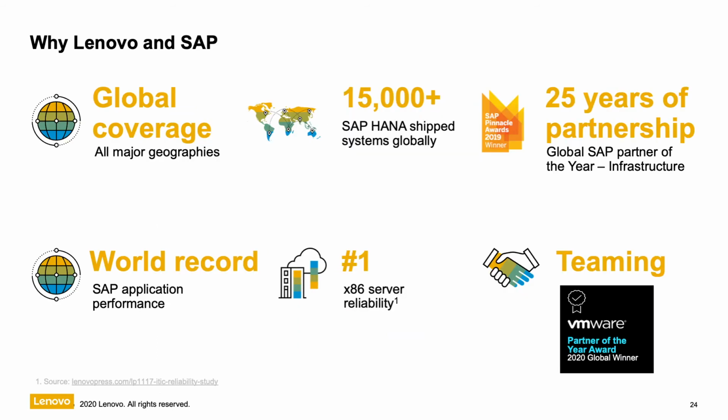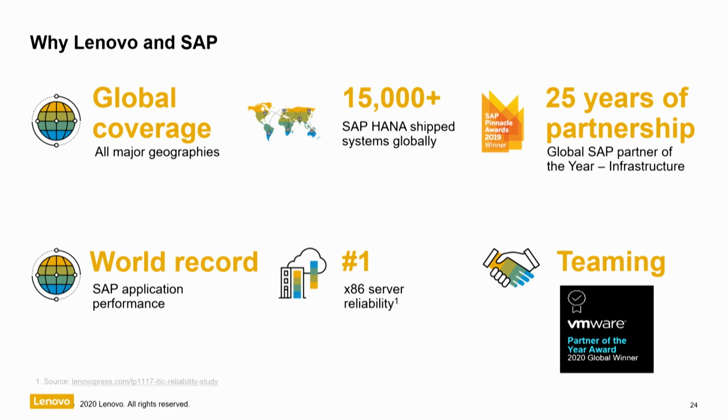We have been very excited to join hands here with SAP and VMware. One of the key value propositions that Lenovo brings in this partnership is global coverage, presence throughout the world. In fact, we have been working with SAP for 25 years. There are 15,000 plus SAP HANA systems shipped and deployed.